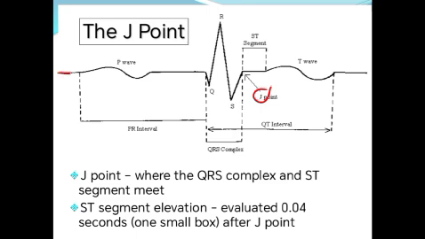This is the isoelectric line, and here this is the ST segment. It is flat on the isoelectric line. After that we can determine the elevation or depression from the isoelectric line of the ECG.